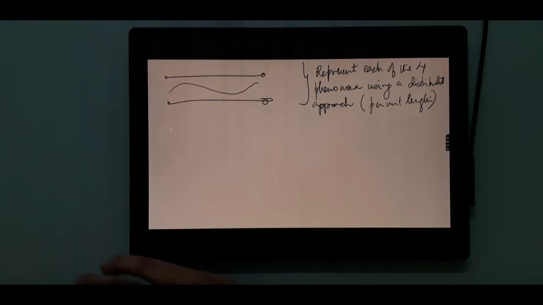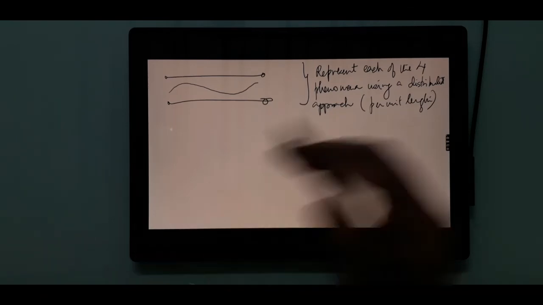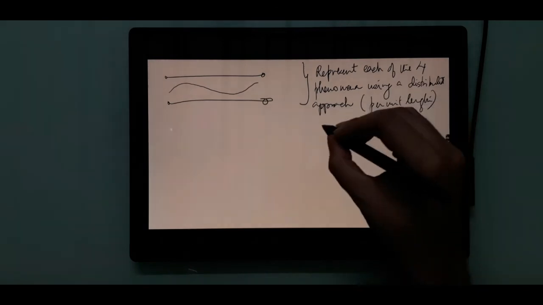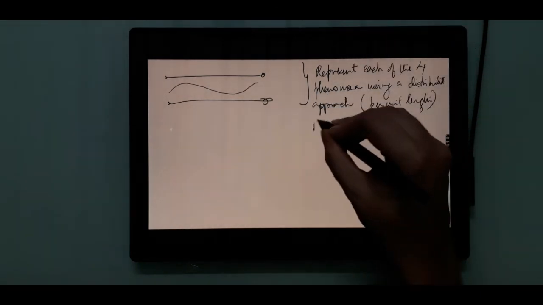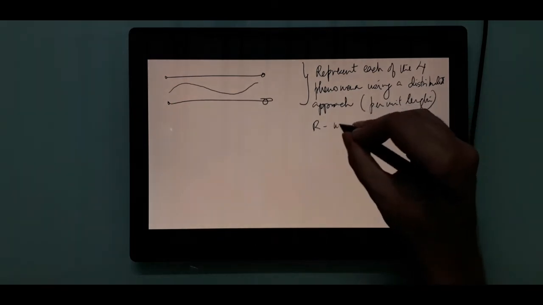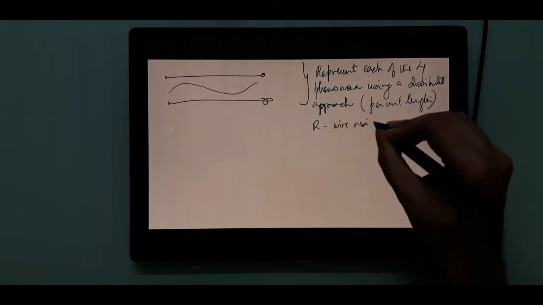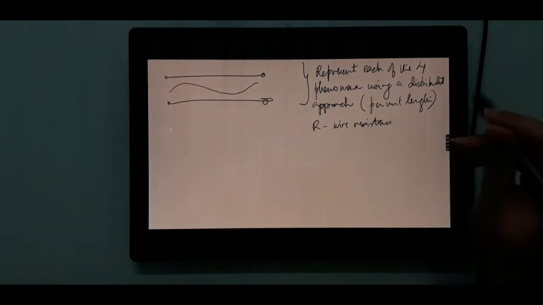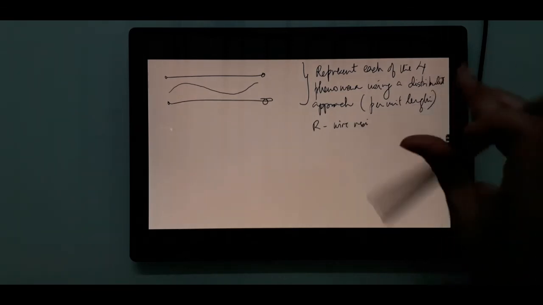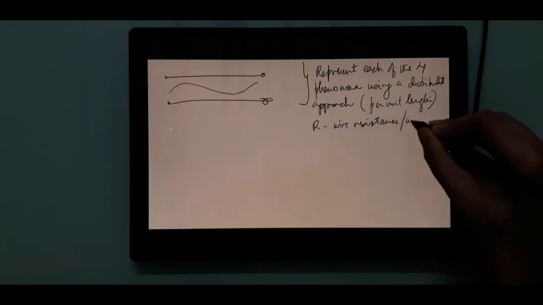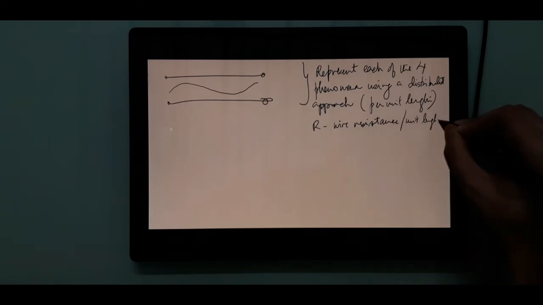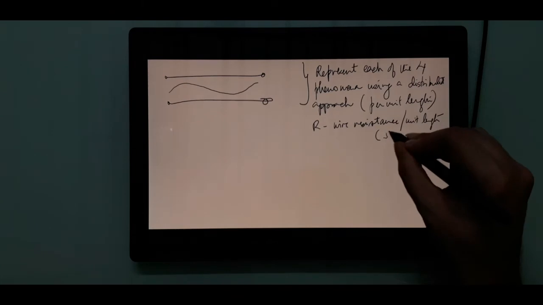Okay. So let's denote these quantities. R stands for wire resistance per unit length. So therefore the unit becomes ohm per meter.